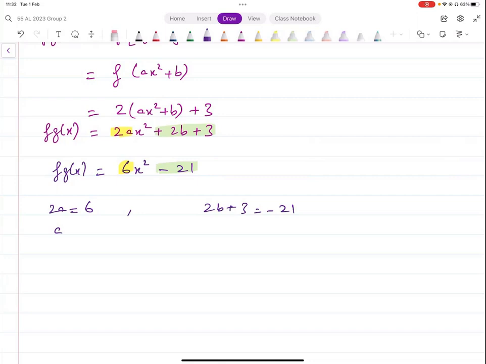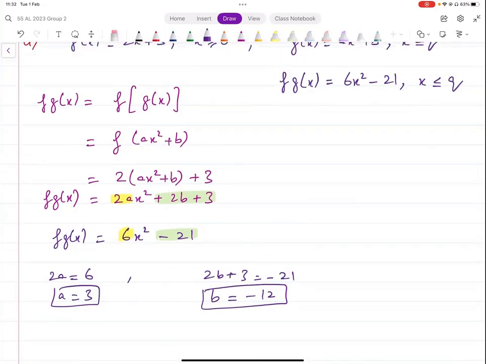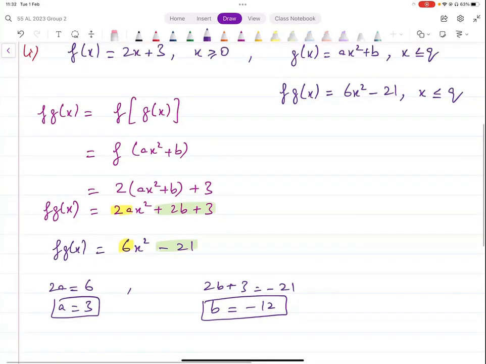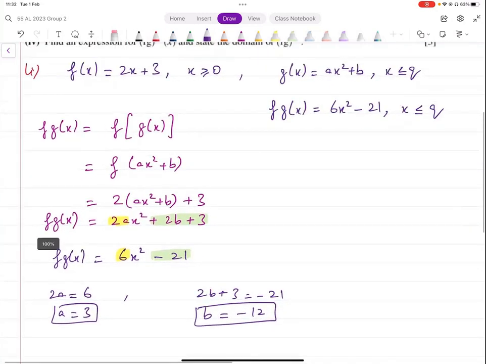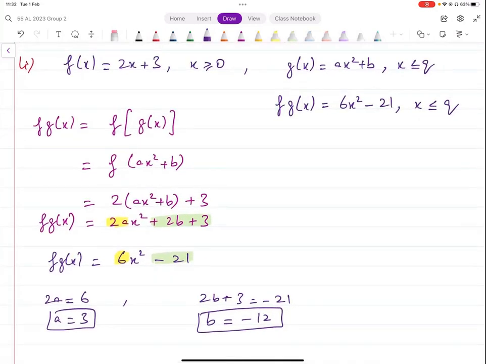From here, we get a equals 3 and b equals minus 12. We have the values of a and b. So we were given the composite function, 6x squared minus 21. We found the composite function ourselves because we were given the functions f and g as well. And then we just compared with what was given to us. We found the values of a and b from there.